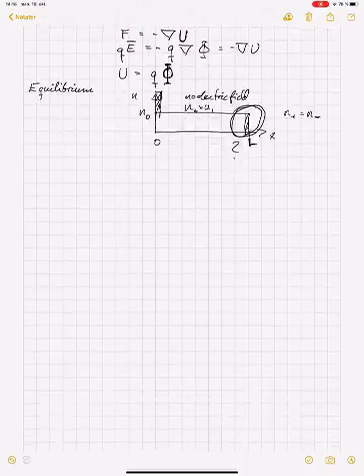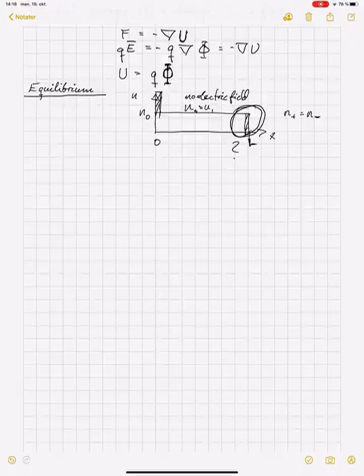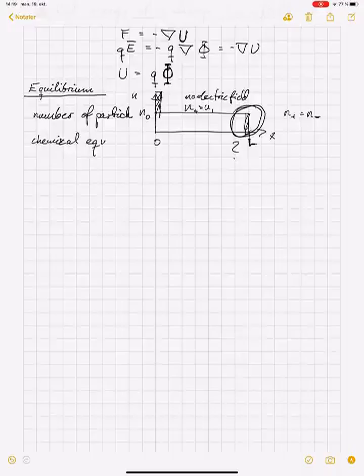So we're looking for equilibrium. That has to do with the number of particles. So it's clearly a chemical equilibrium, and so we're looking for the chemical equilibrium, which means that we need to find the chemical potential.